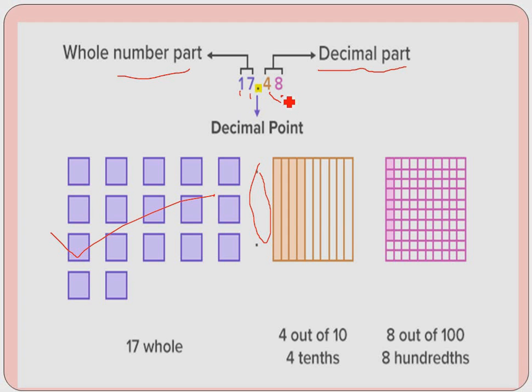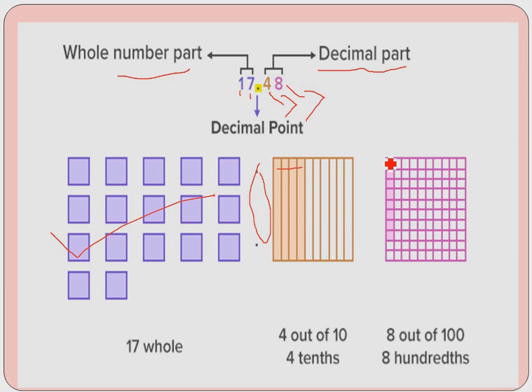And then this is the tenths place and this is the hundredths place. So 4 out of 10 is 4 tenths. This is 8 out of 100, that is 8 hundredths. When 10 parts are there, out of 10 parts, how many parts are colored? 4 parts. For example this one is divided into 100 parts.